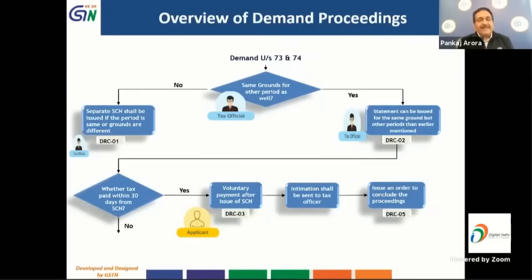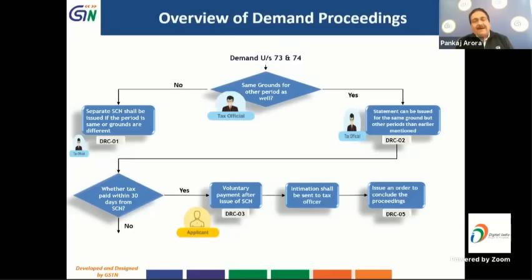DRC-03. Such payment can be made even before issue of the show cause notice or statement, and it can also be made within 30 days from the issue of the show cause notice or statement of demand by the applicant, and in such a case an intimation of voluntary payment will be made electronically by the applicant at the GST portal in form DRC-03. After such voluntary payment, the intimation will be filed electronically in form DRC-03 at the GST portal.